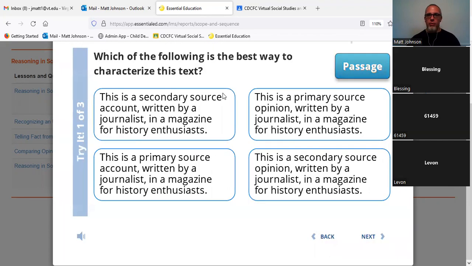So we already know secondary source, and then it is an opinion. So this is a secondary source opinion written by a journalist in a magazine for history enthusiasts. This is as opposed to our other secondary source option, this is a secondary source account.